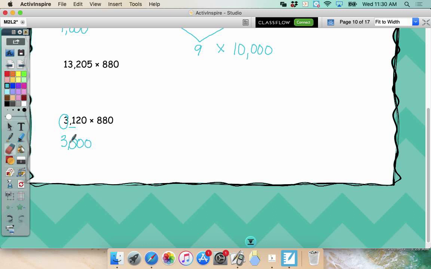Add 1. So my 8 becomes 9. Now flex your muscles like a hero. Digits to the right change to 0. So I have 3,000 times 900.